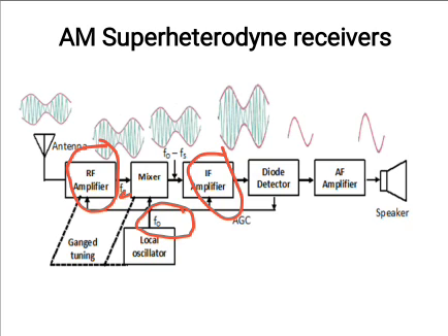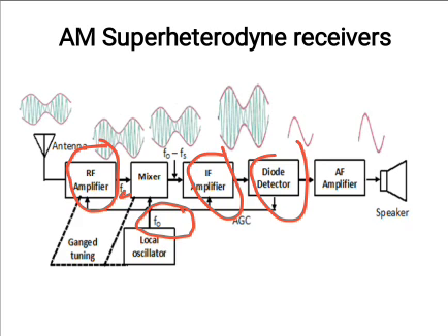The amplified IF signal is applied to the detector. This is the detector stage. It detects the information signal component from the 455 kHz intermediate frequency to reproduce the original information data, which is generally in the form of an audio signal.